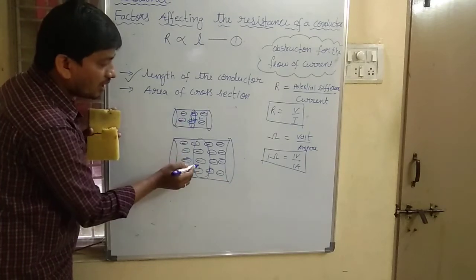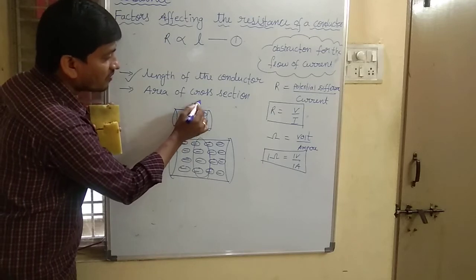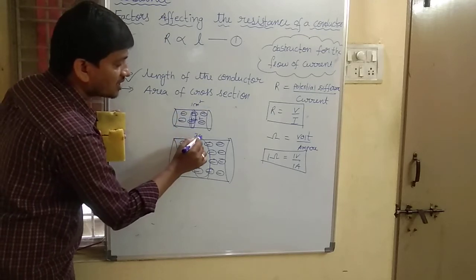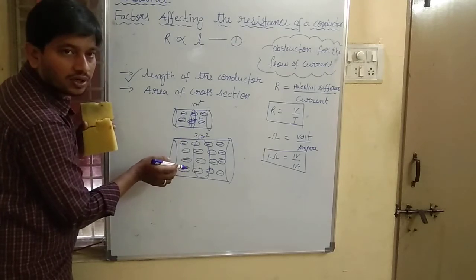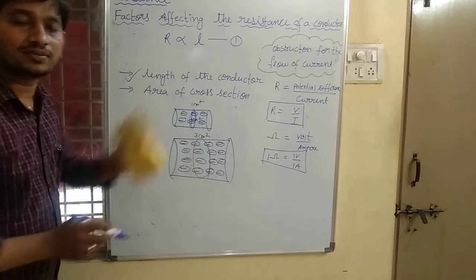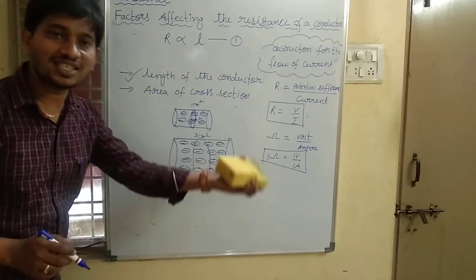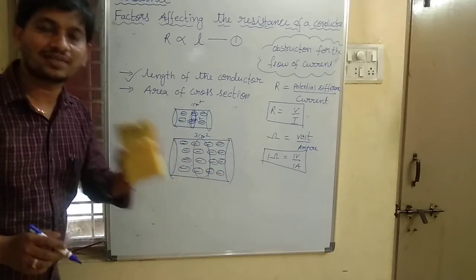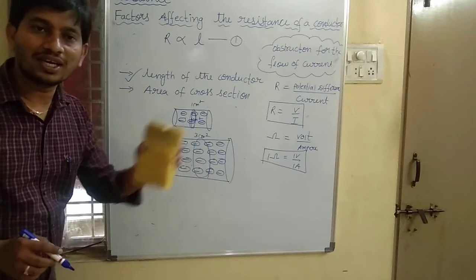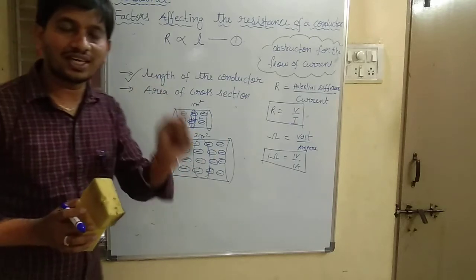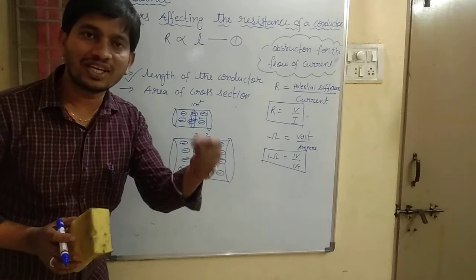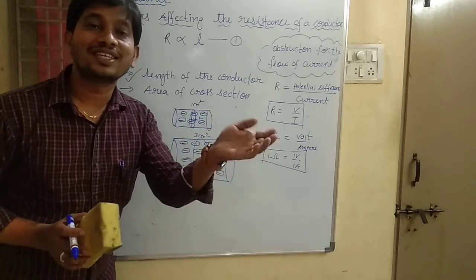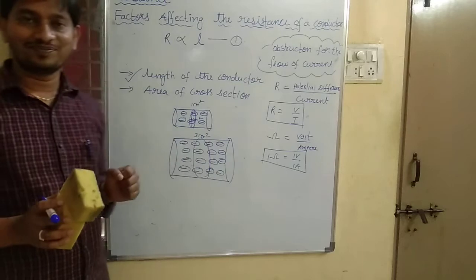Here we have 1 centimeter square. For example, here you consider 3 centimeter square. Here the area increased, then current is increasing. Current is increasing, which is nothing but resistance will be less. From this, we understood that when we increase the area of cross section, resistance will decrease.